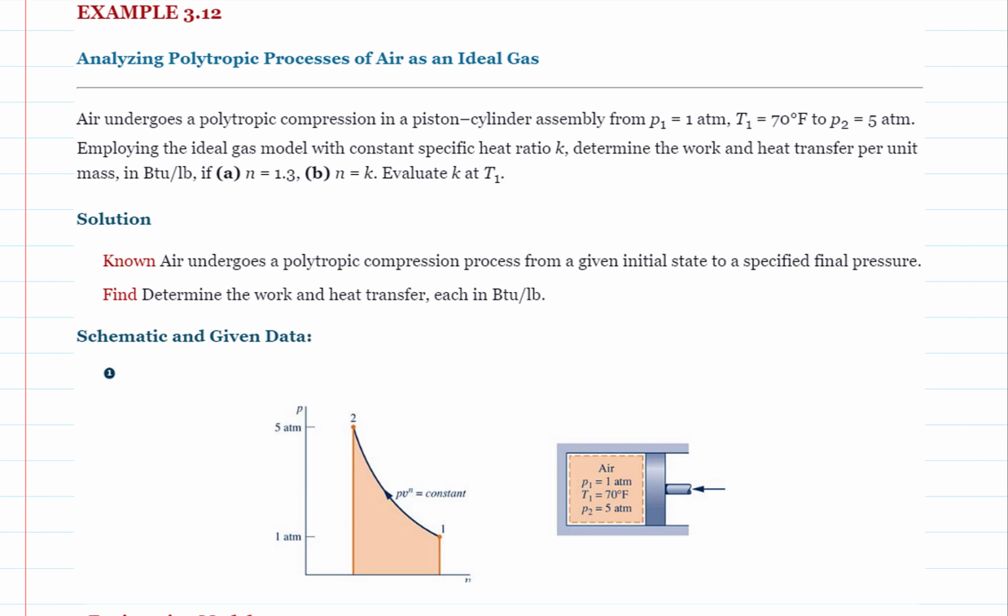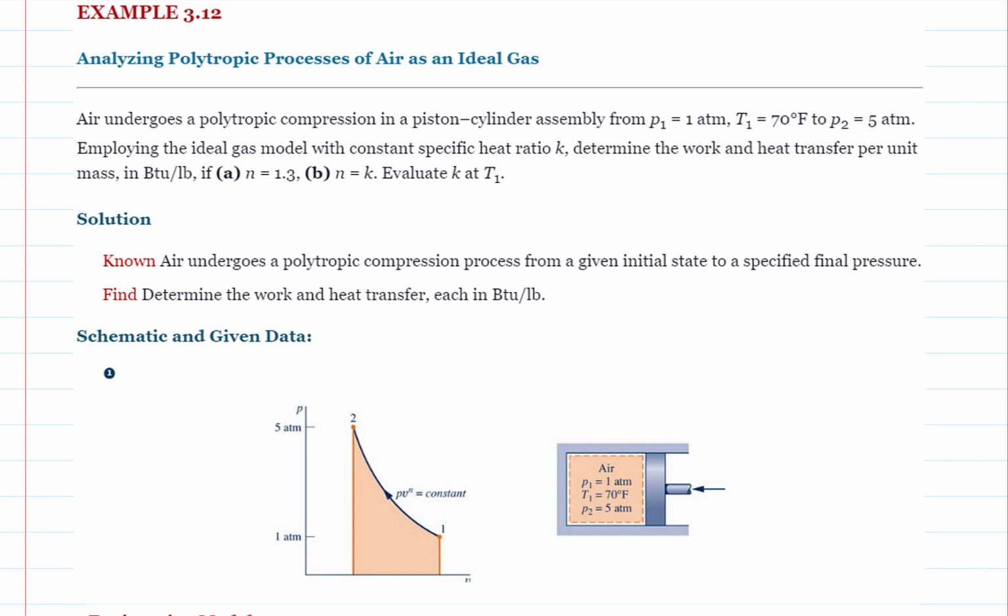Air undergoes a polytropic compression in a piston-cylinder assembly from pressure 1 atm, temperature 70 degrees Fahrenheit, to pressure 5 atm. Employing the ideal gas model with constant specific heat ratio k, determine the work and the heat transfer per unit mass in BTU per pound.